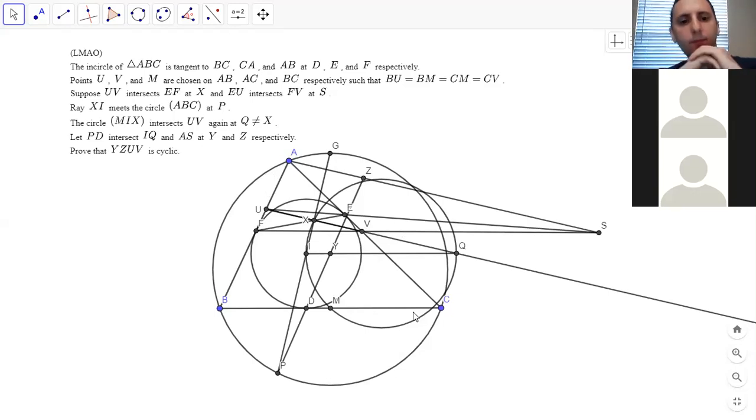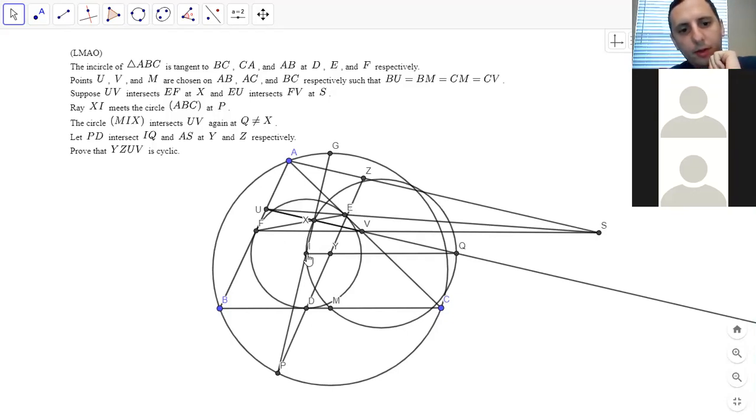Then we see that IM equals IV and IM equals IU. So because AI is the angle bisector, we have that AUIV is cyclic. Okay, so IU is equal to IV from that. And then IV is equal to IM, because CM is equal to CV. Okay.